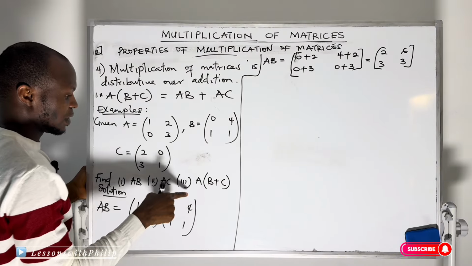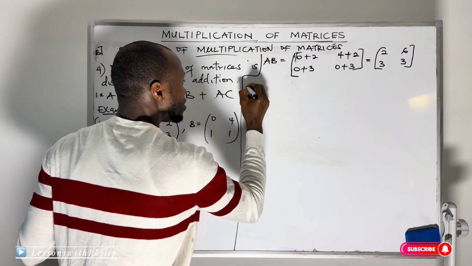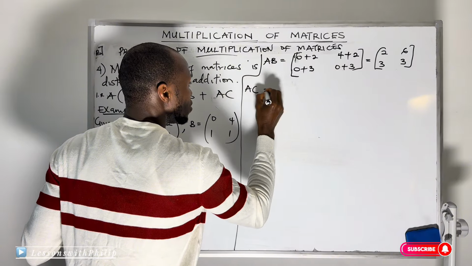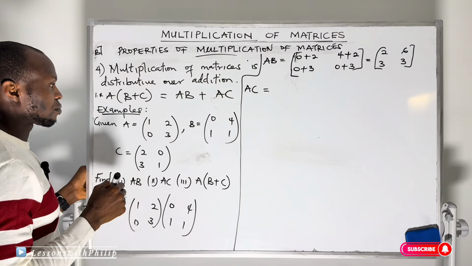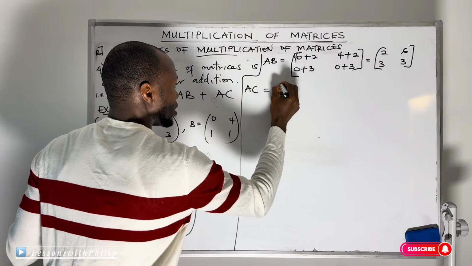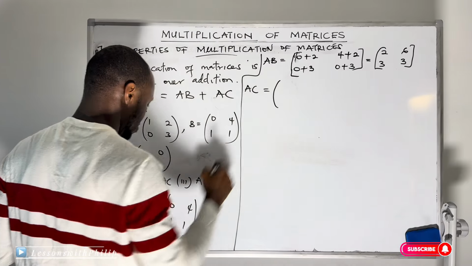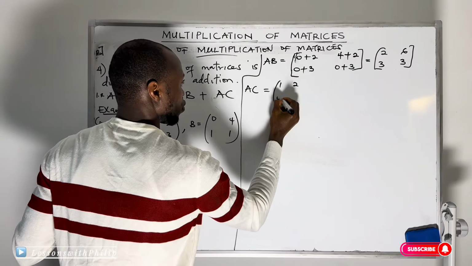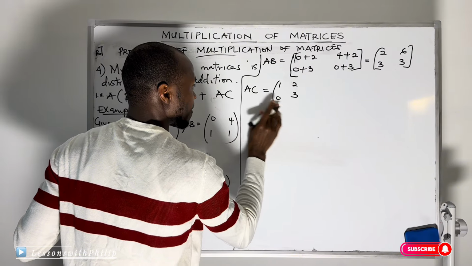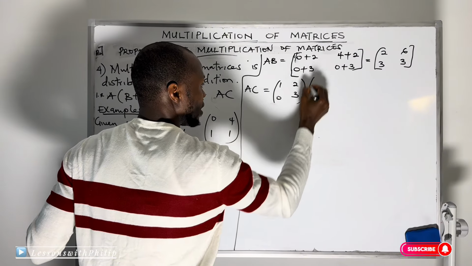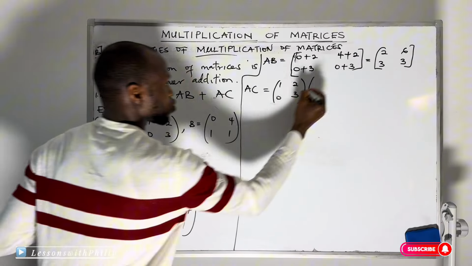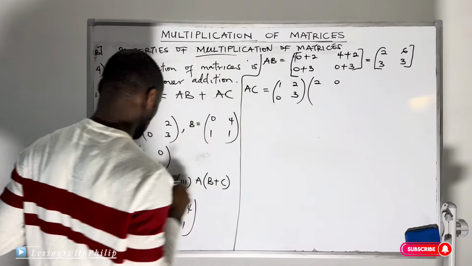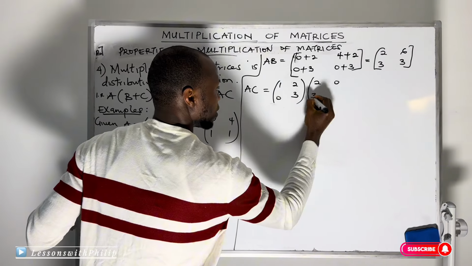I'm asked to find my AC. My AC will be equals to, what is my matrix A? My matrix A is 1, 2, 0, 3. Okay? And my matrix C is 2, 0, 3, 1.